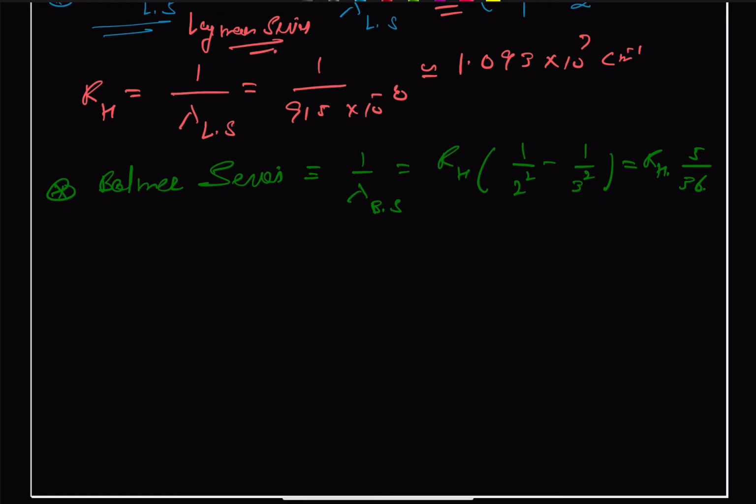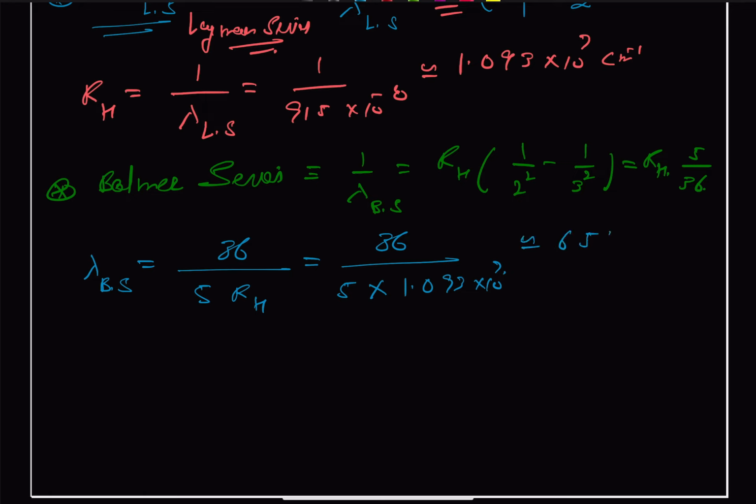Therefore we can say our lambda BS will be equal to 1 upon RH times 5 upon 36, so it comes as 36 divided by 5 times RH. This will be equal to 36 upon 5 times 1.093 into 10 to the power 7, and this comes approximately as 6585 angstrom.